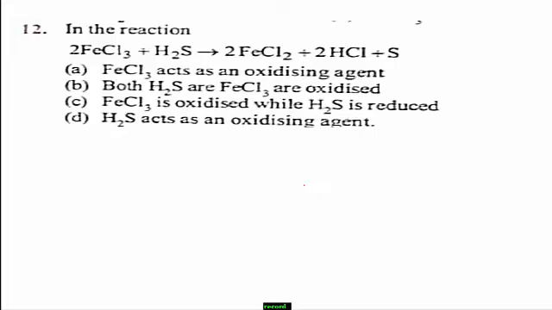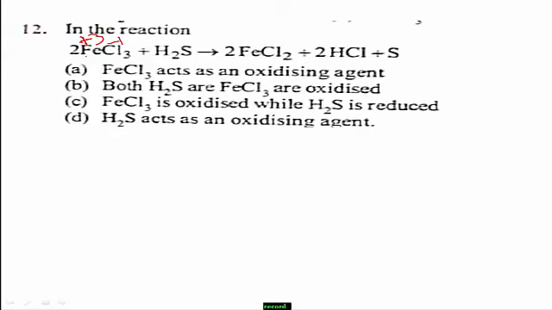Students, when we observe the given reaction, 2FeCl3 reacts with hydrogen sulfide and forms iron chloride. Here the oxidation state of iron is +3, because the Cl oxidation state is -1, and 3 into -1 is -3. When the value of iron is +3, the overall oxidation state sum is 0, right?